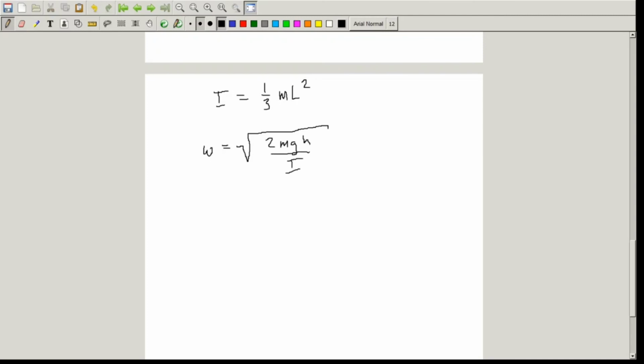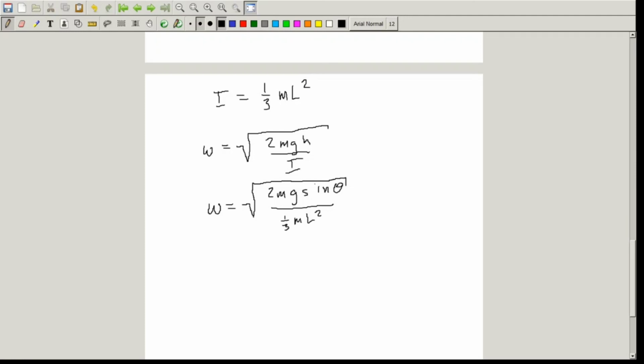Now, if you recall, our omega was equal to the square root of 2mgh over I. And plugging in what we now know, h is sine theta and I is 1/3 mL squared, we can get omega is equal to the square root of 2mg sine theta over 1/3 mL squared.